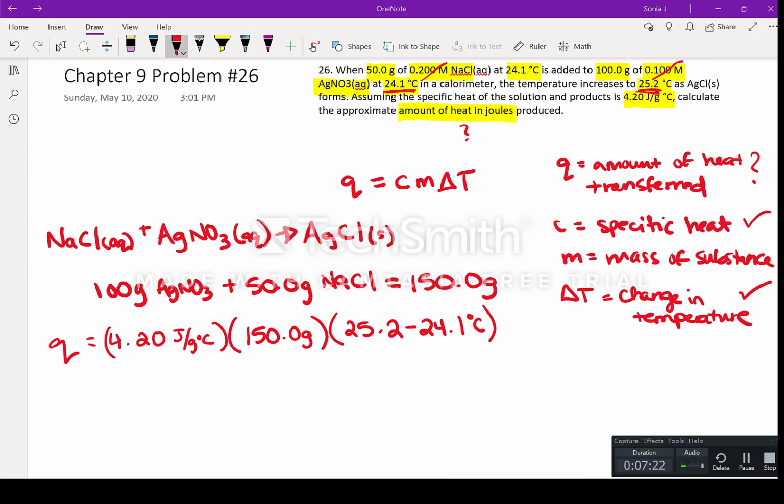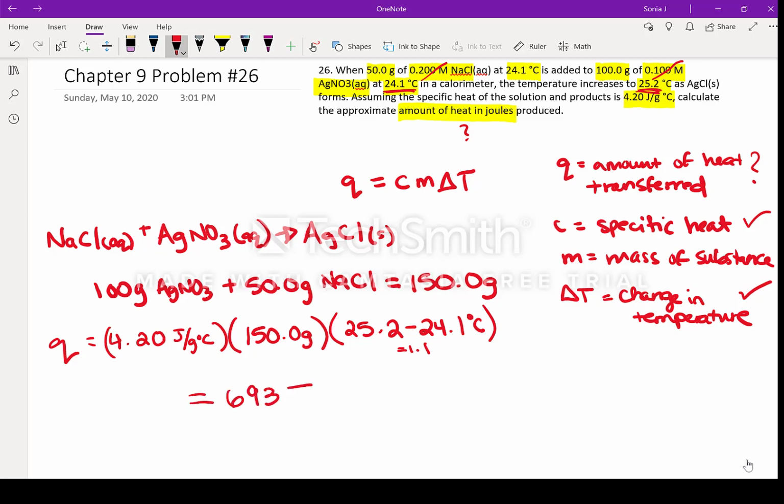Now if we go ahead and calculate that, we multiply these three and we get 693 joules. And that is the approximate amount of heat in joules that was produced once these were combined.